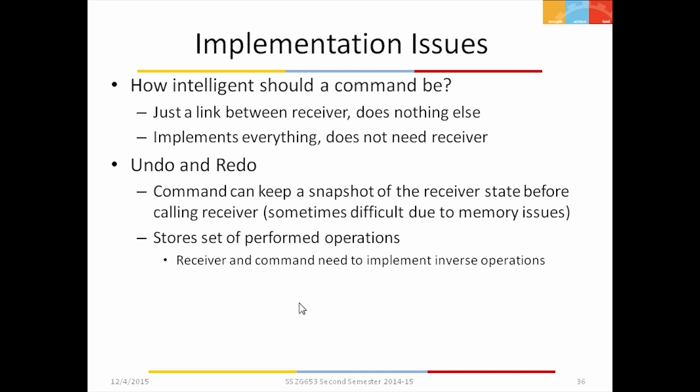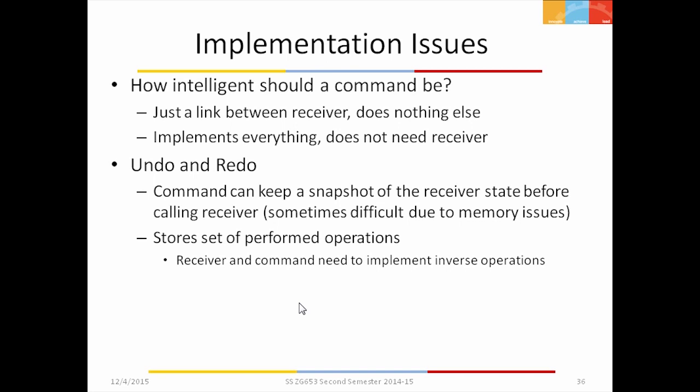The intelligence of undo and redo can be maintained using the command pattern. Essentially, a command can keep a snapshot of the receiver state just before calling the receiver. So just before calling the trading agent, it might take a snapshot, and then it calls the receiver for any undo or redo operation.